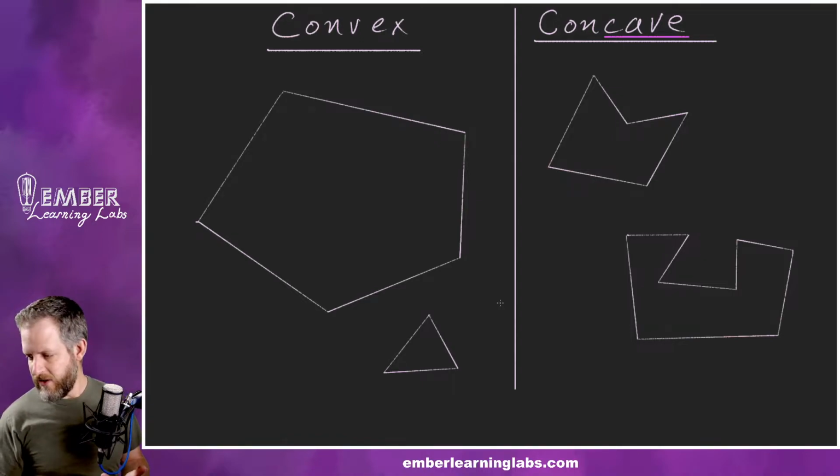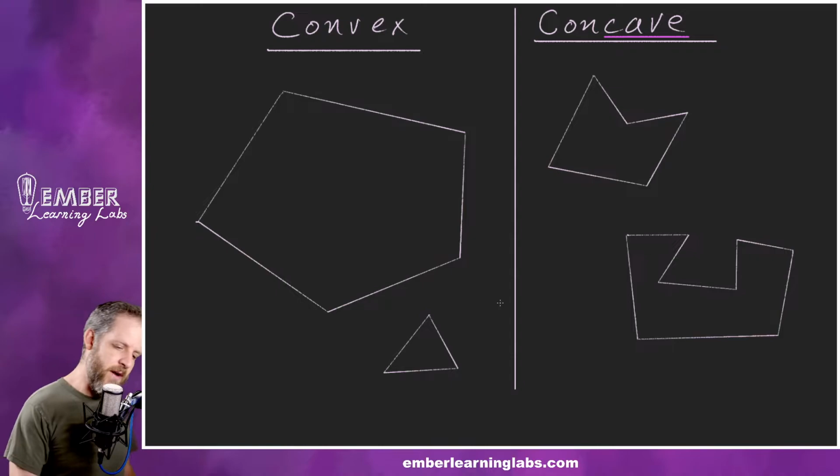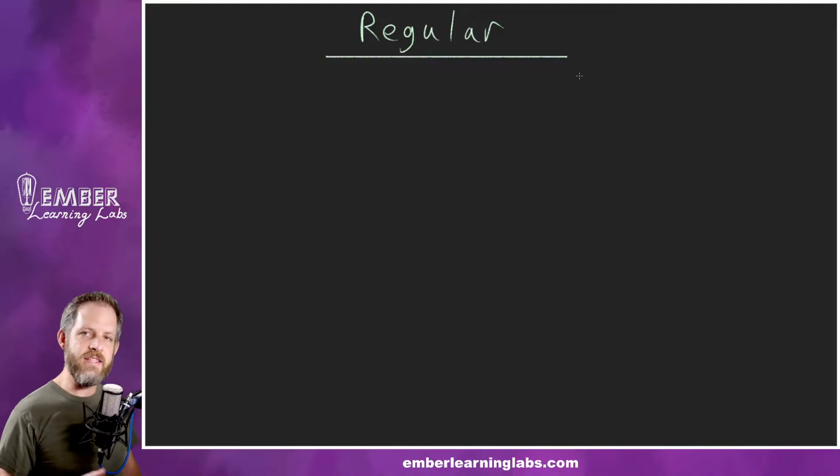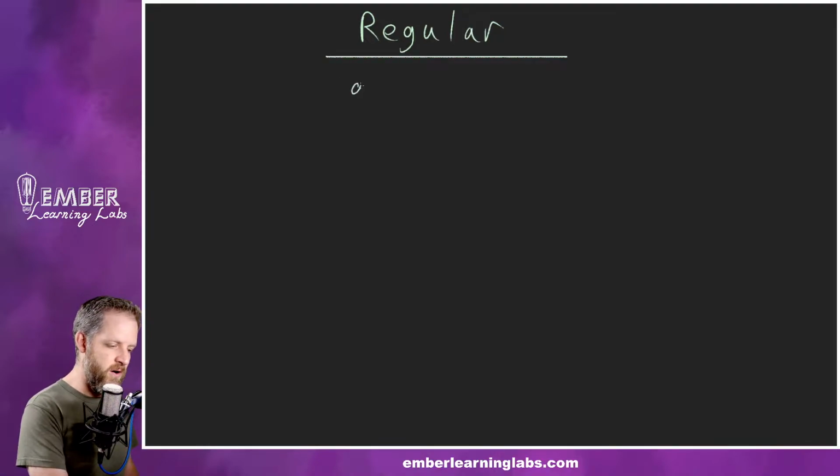Another vocabulary word related to polygons is regular. So what is a regular polygon? It is a polygon with all equal side measures.